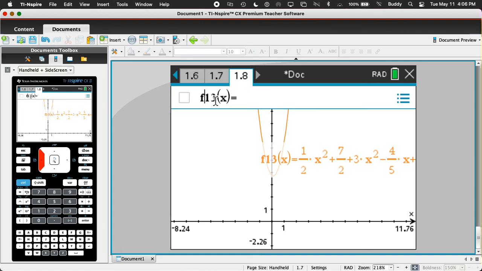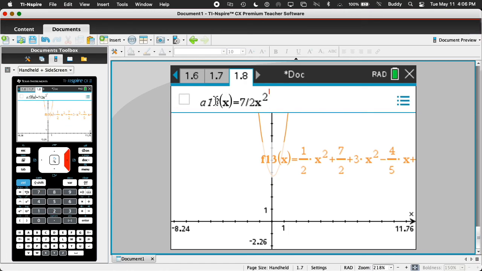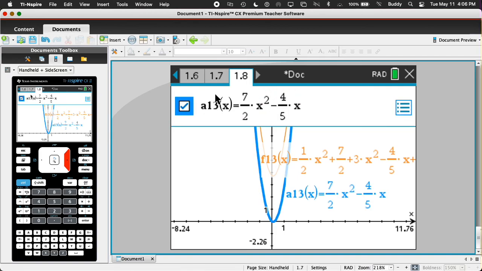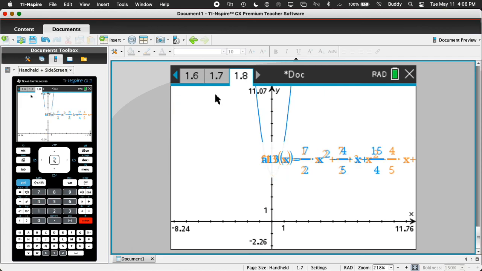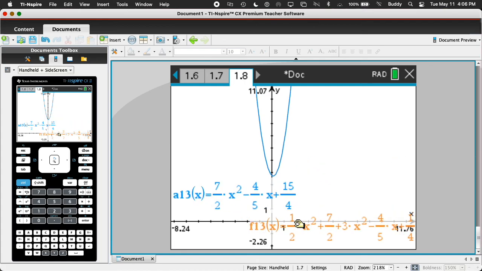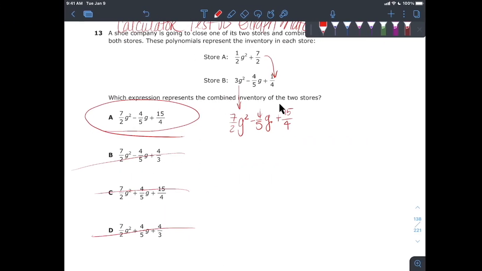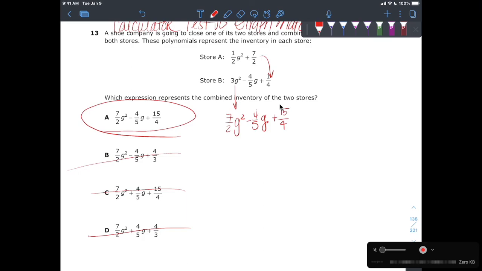And I'll call that A13. And look at that, they lay directly on top of each other, meaning they are exactly the same. So, answer choice A is correct.